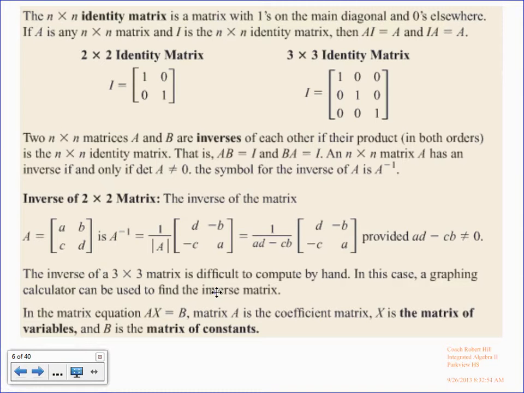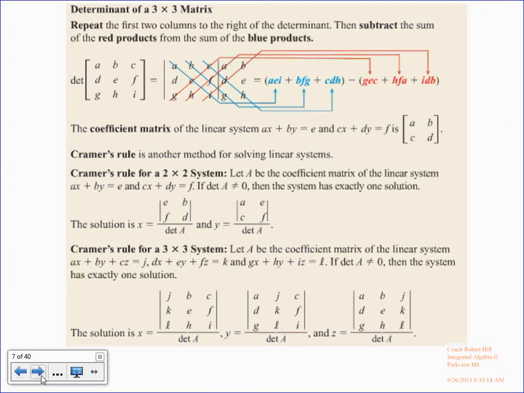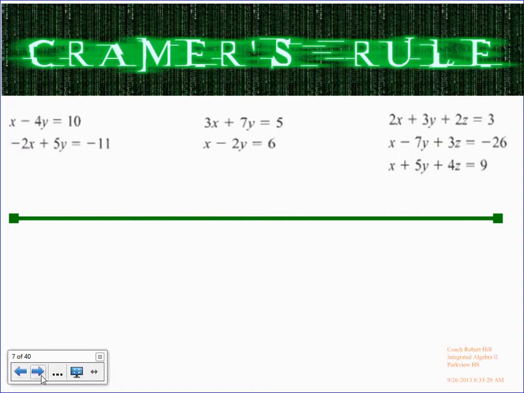It tells us how to find the inverse of a 2 by 2 matrix. We have to be able to do that with pencil and pen. You don't have to be able to find the inverse of a 3 by 3 matrix, but you do have to be able to find the determinant of a 3 by 3 matrix. So if you need the notes on the determinant of a 3 by 3 matrix, there that is. And then we'll set up the problems with Cramer's rule here in just a second.